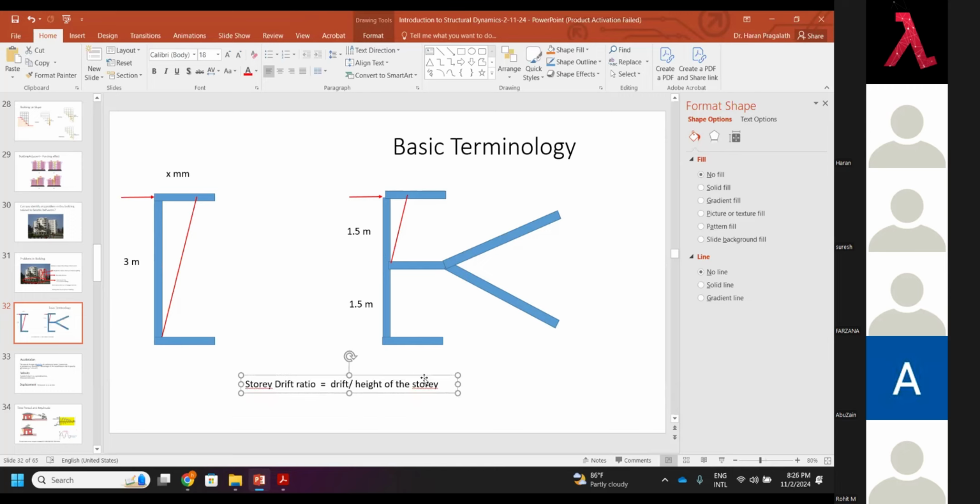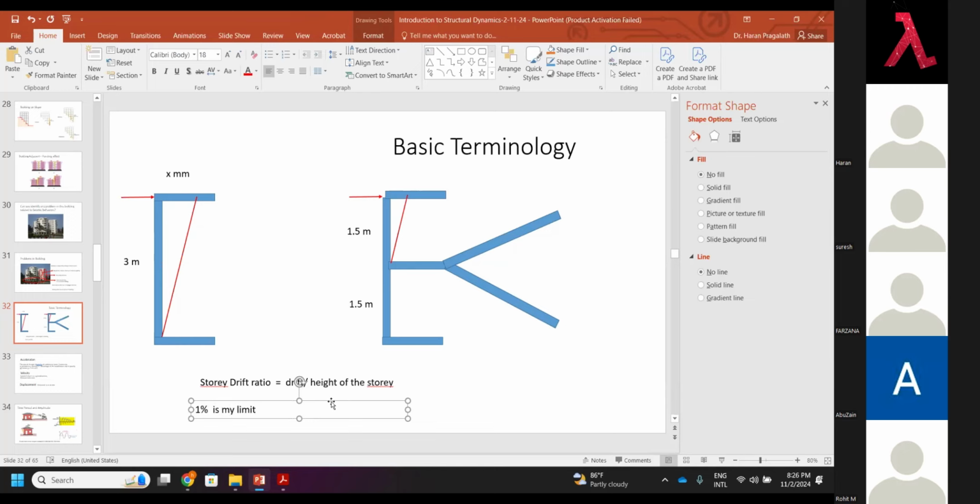This is my formula. Usually we have some performance limit. This value is 1%, and varies from 2 to 4% depending upon the performance limit. Let's assume 1% is my limit.